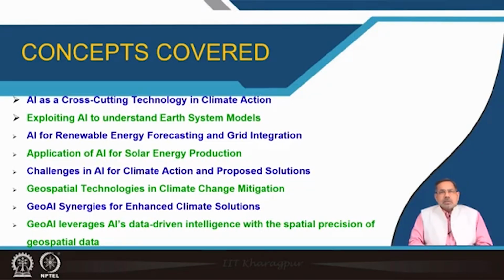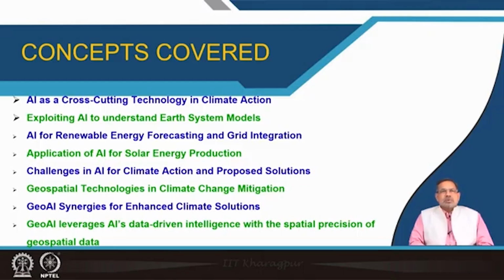The third one is the integration of these two, which we call GeoAI. That means geospatial technology and AI. So these three technologies we are going to discuss today in terms of cross-cutting technologies.